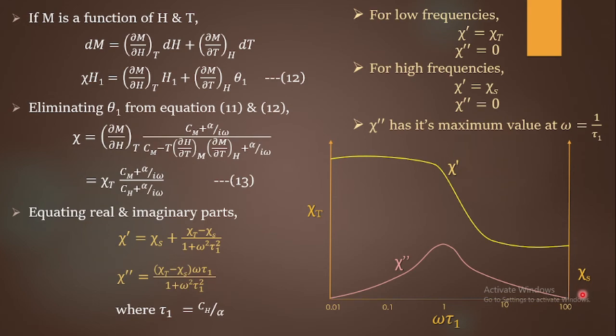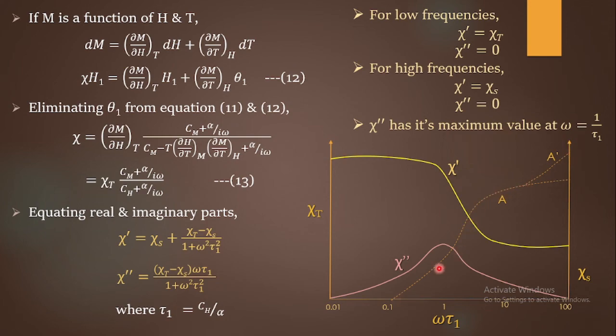And whenever we are applying a static field as well as an alternating field, we observe the energy absorption, and this is the nature of graph for the energy absorbed by the substance due to spin-lattice interaction, whereas if there is spin-spin interaction, then this is the nature of graph for energy absorbed or attributed to spin-spin interaction, which is denoted as A dash, and that is going to work at higher frequencies only.